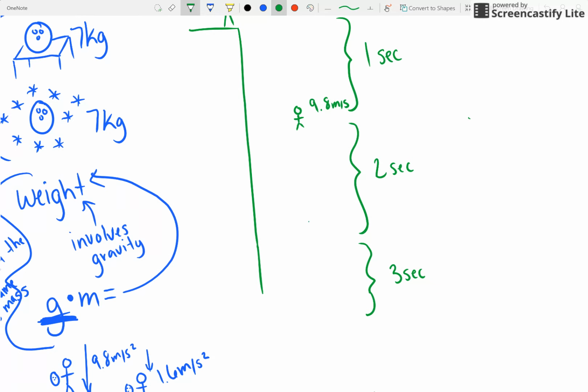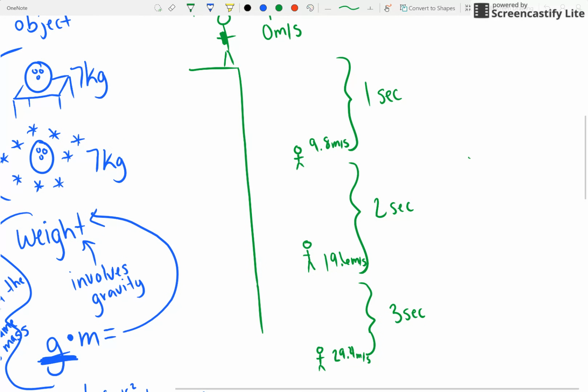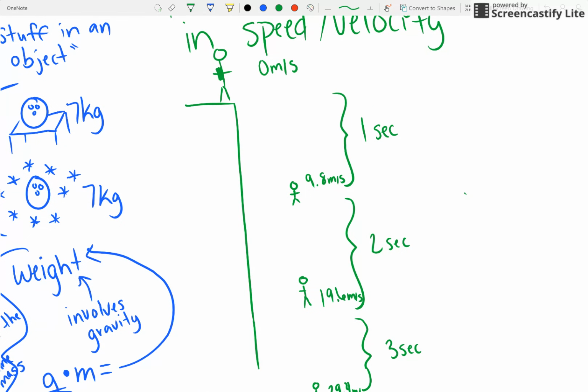After 2 seconds, you're going to be flying at a speed of 19.6 meters per second. And after 3 seconds, you're going to be flying at the speed of 29.4 meters per second. That's ridiculous, okay? Every second, you've increased your speed by 9.8.